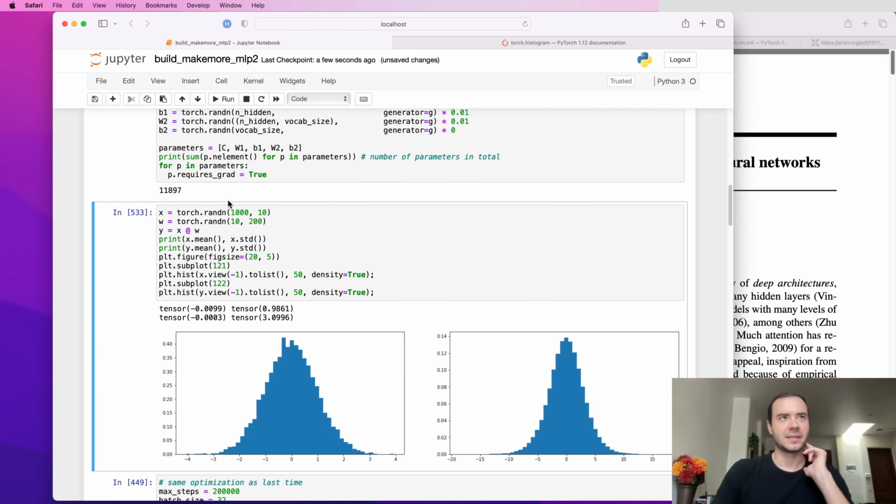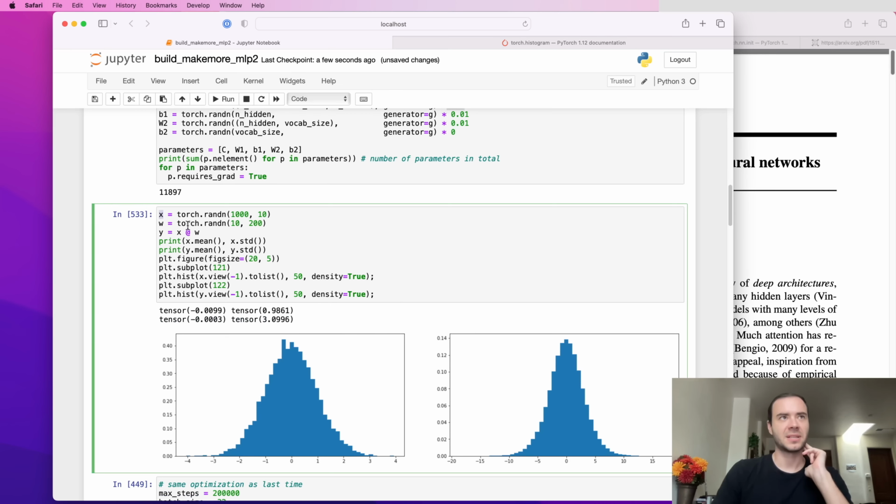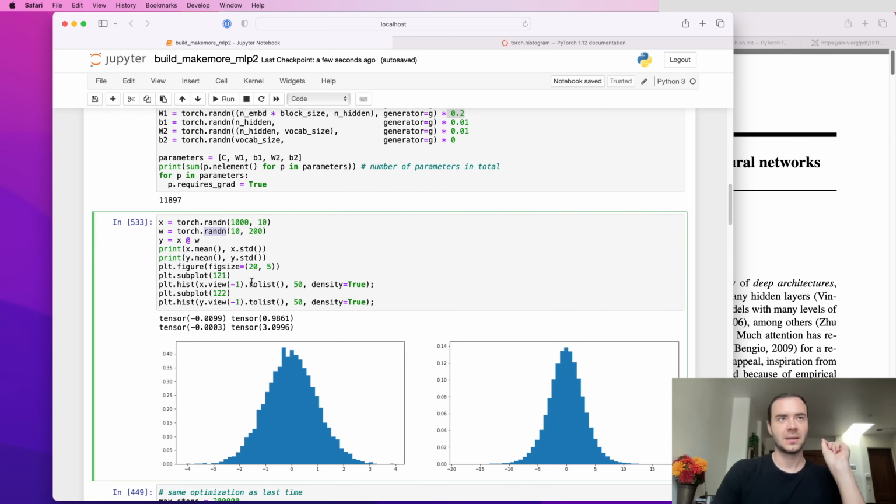So what I'm doing here is we have some random input x that is drawn from a Gaussian, and there are 1,000 examples that are 10-dimensional. And then we have a weighting layer here that is also initialized using Gaussian, just like we did here. These neurons in the hidden layer look at 10 inputs, and there are 200 neurons in this hidden layer.